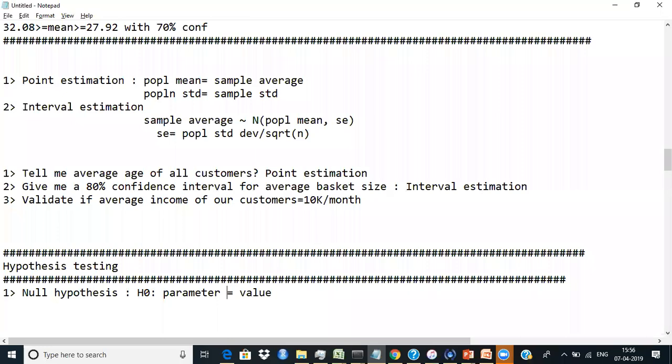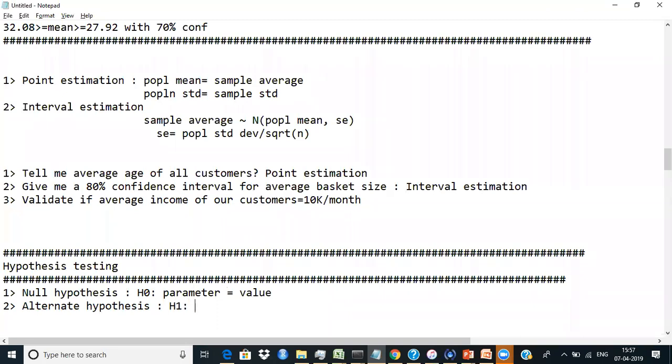Okay. Now, apart from the null hypothesis, there is another hypothesis known as the alternate hypothesis. The alternate hypothesis is something which you test against the null. So you are saying either the null is true or this is true, right?